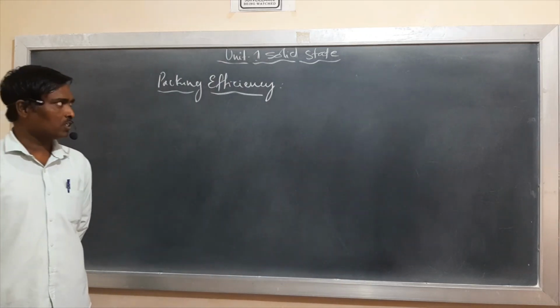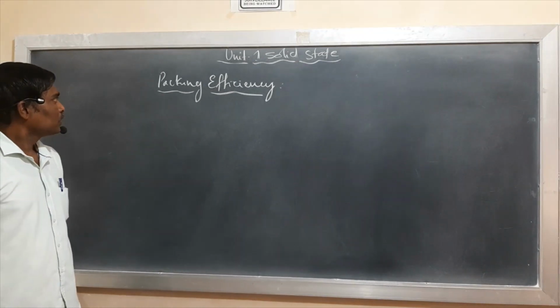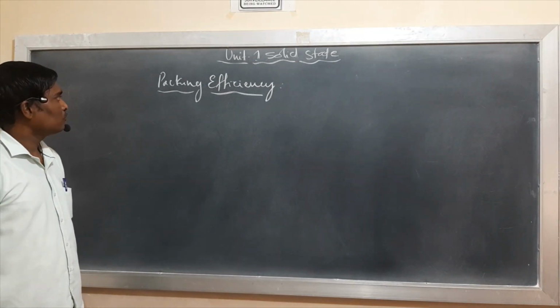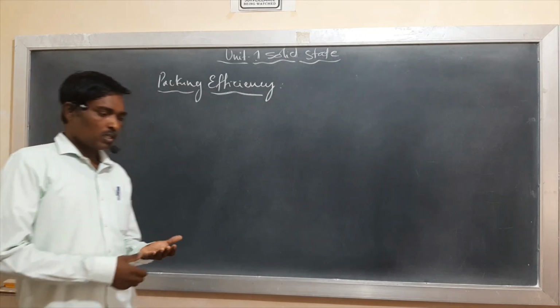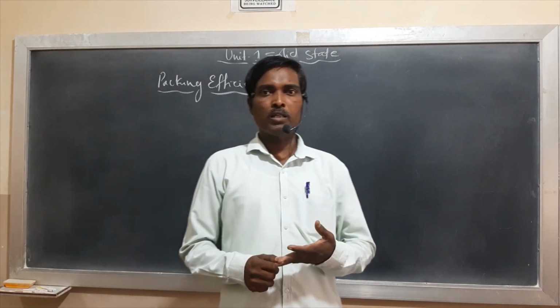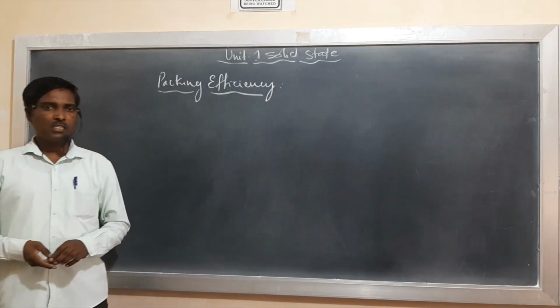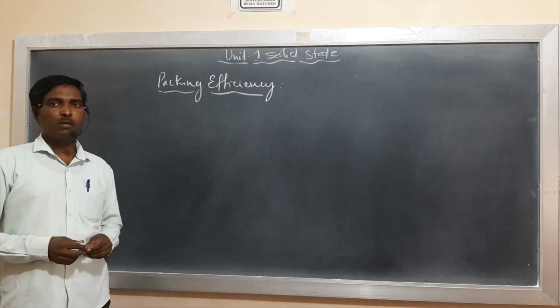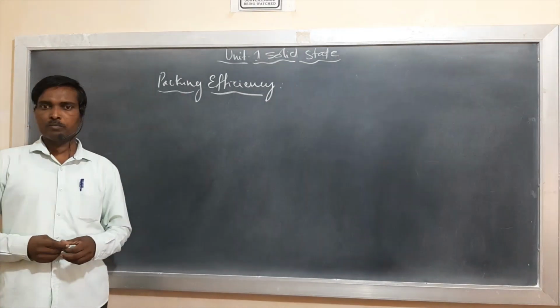calculate the packing efficiency of different unit cells, let me define the meaning of this word, packing efficiency. This is the total space occupied by the particles in a unit cell. The percentage of total space occupied by the particles in a unit cell is called packing efficiency.